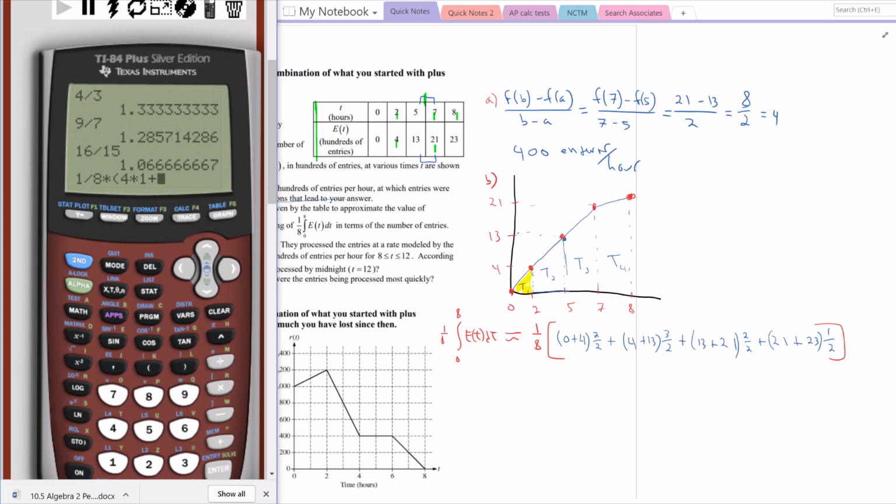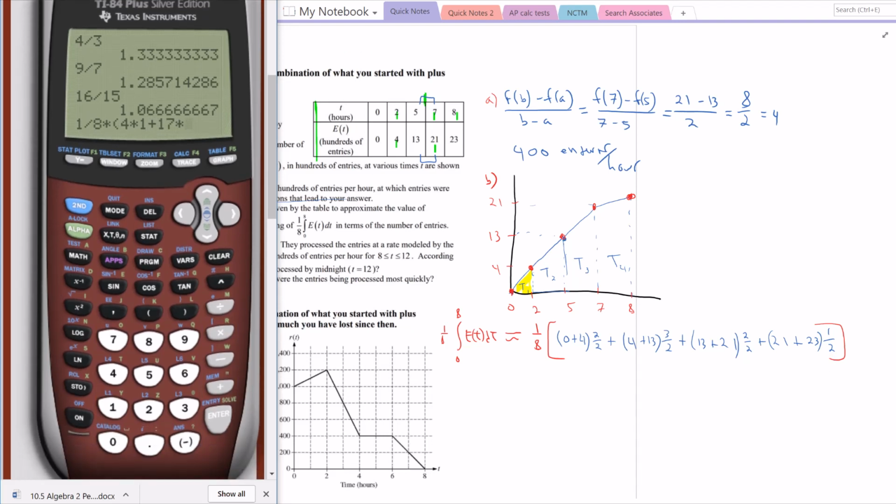Plus 4 plus 13 is 17, times 3/2, which is 1.5. Plus 13 plus 21 is 34 times 1. Plus 21 plus 23 is 44, times 1/2 is 22.